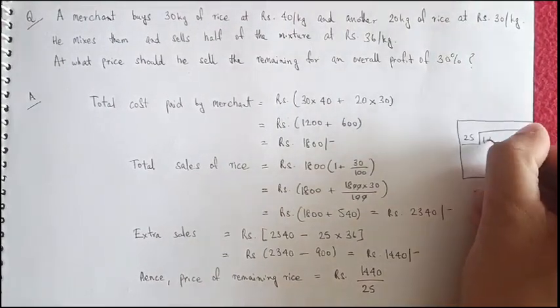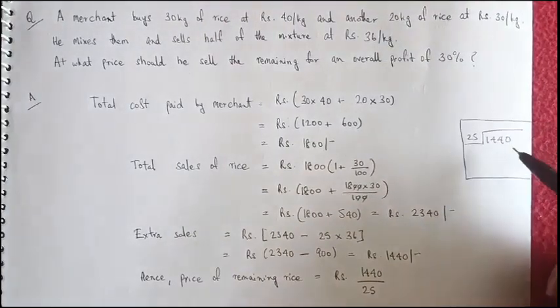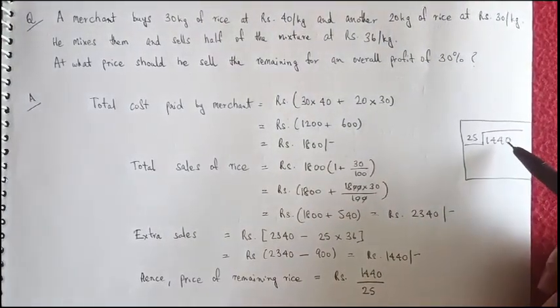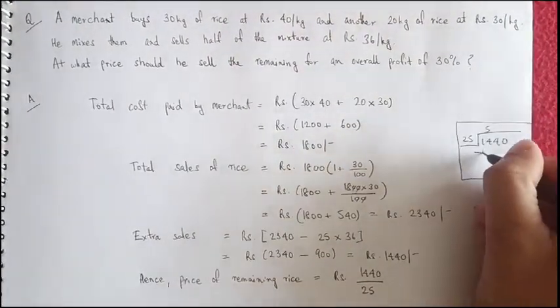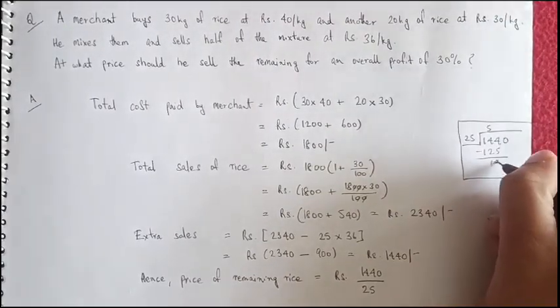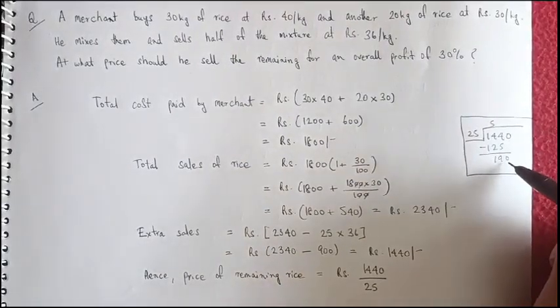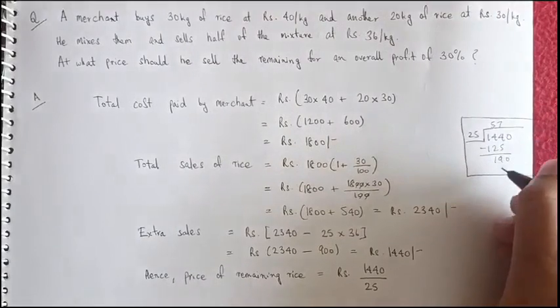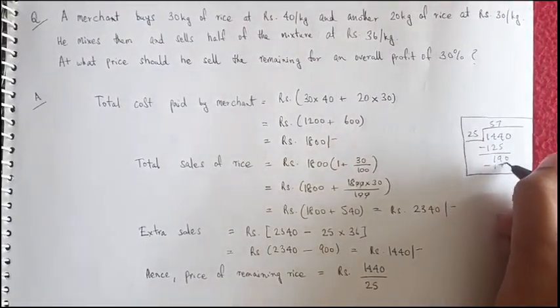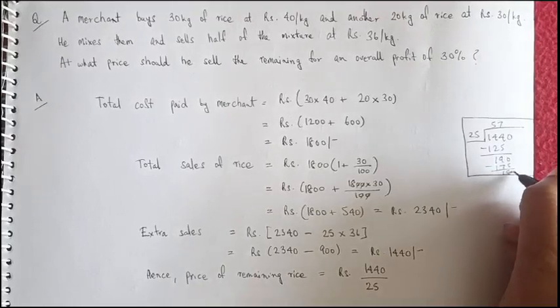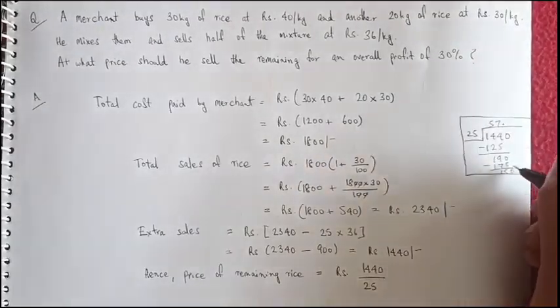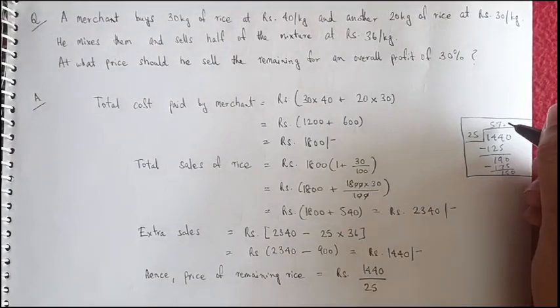25 and 1440. So 25 into 6 goes to 150. So it will be 5 minus 125. That gives us 190. So 25 will go into 190 how many times? I think 7 times. So minus 175. That will give us 15. But since we are adding a 0 here, we will put a point.